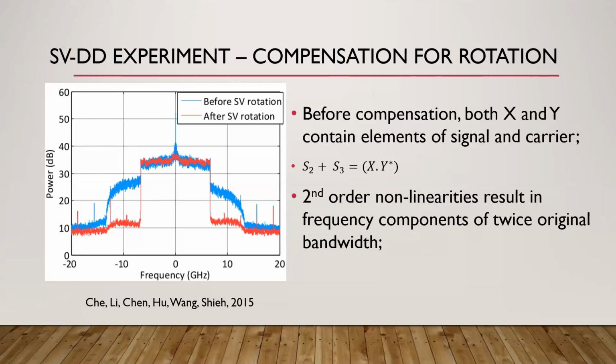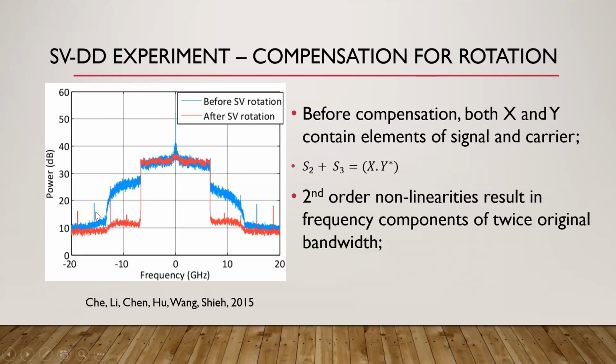combinations of both. And because of second order nonlinearities, where you have a sine squared term or a cosine squared term, because of the trigonometric identities of what sine squared is, you're going to have frequency components of twice the original bandwidth.